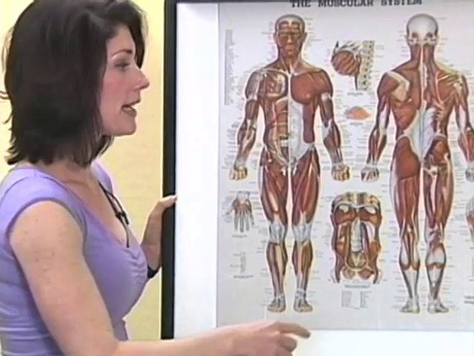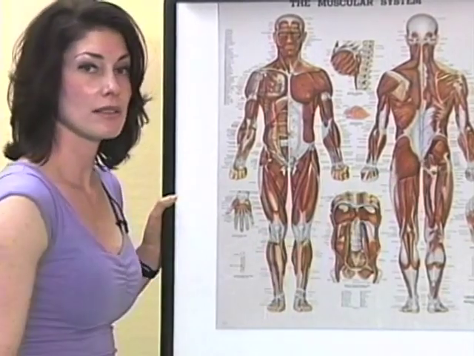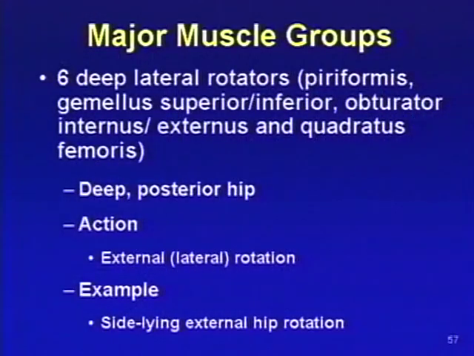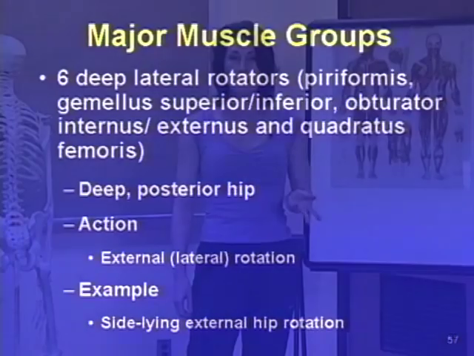So I just wanted to point out that the piriformis is directly associated with the sciatic nerve. And as the name implies, the main action of the deep lateral rotators is external rotation of the hip. And by the way, lateral rotation is the same thing as external rotation.